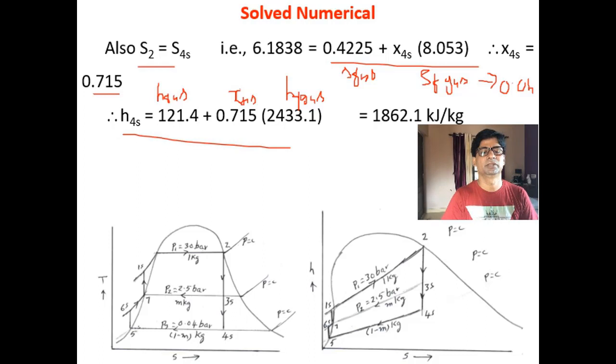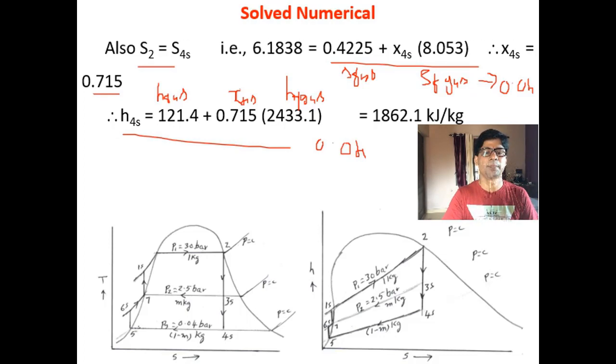HFG at 4s is again at 0.04 bar. Very, very important, because if you note down at some other pressure, you'll end up with the wrong answer. So with this, you found out H2 directly from the steam table. You calculated X3s and H3s. Then you calculated X4s and H4s. So this is how you have to proceed.